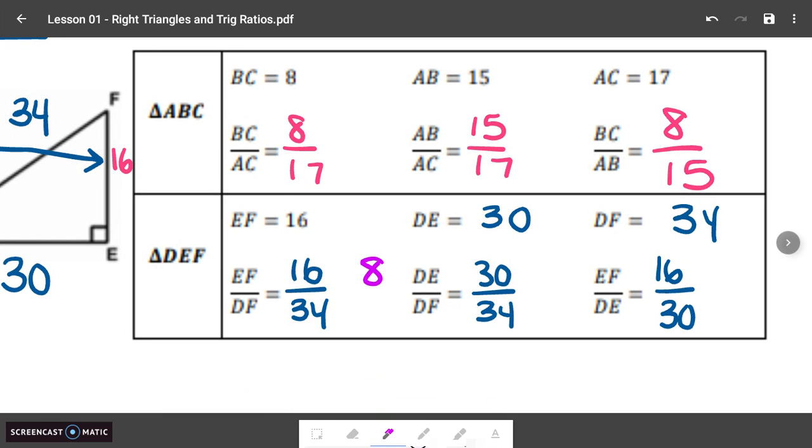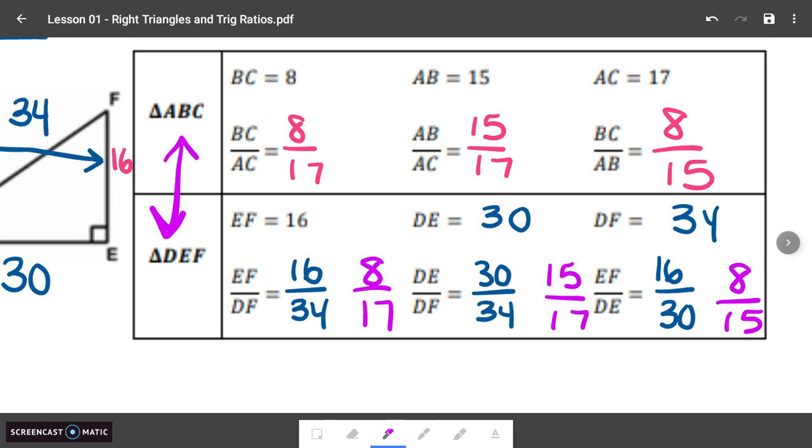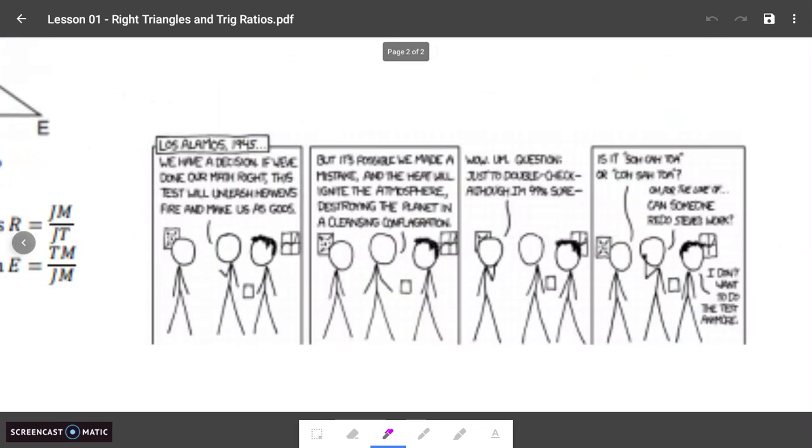So I can simplify this to 8 over 17, 15 over 17, and 8 over 15. And you'll notice that these two things are in the same exact proportion. Now that makes sense because we know the triangles are similar, but this is also tying to a special property about right triangles, which leads us directly into our next unit. So we're going to start talking about trigonometry.